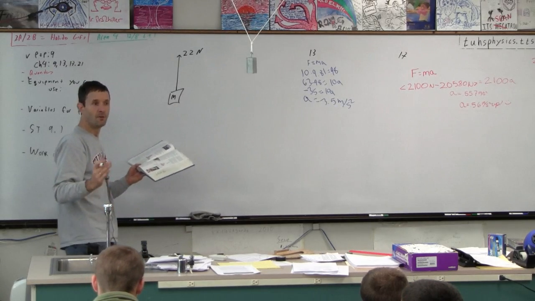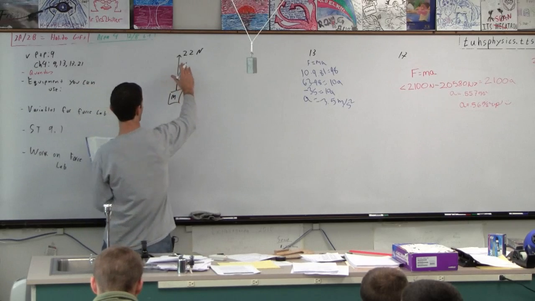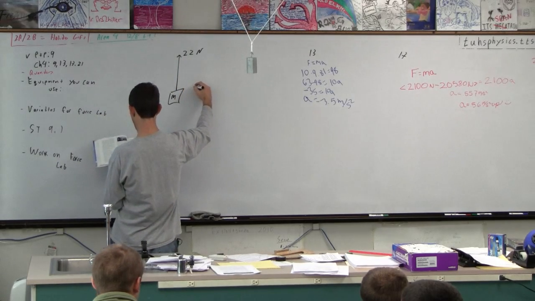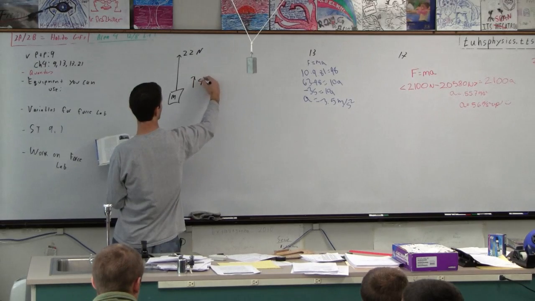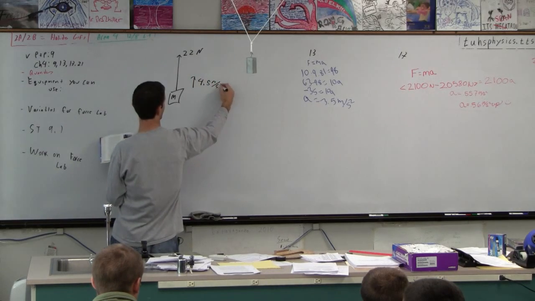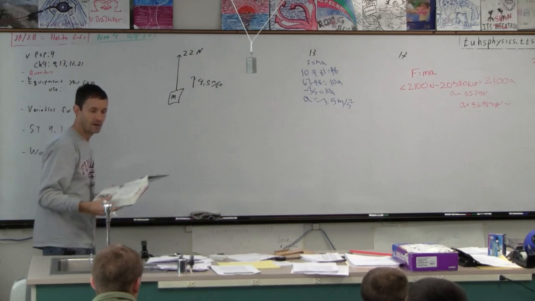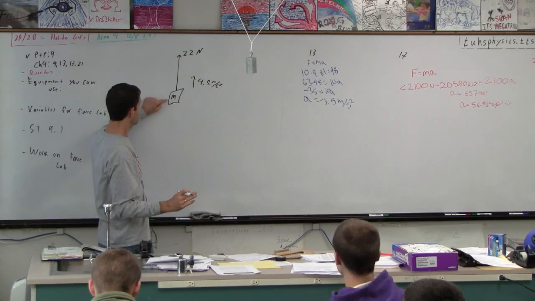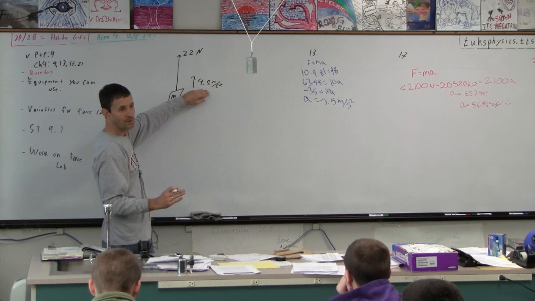So we'll calculate the mass for which, with a tension of 22 newtons, this thing accelerates this way at 4.5 meters per second squared. That works, doesn't it? Okay. So the question is, what is that mass such that it accelerates at 4.5 meters per second squared?